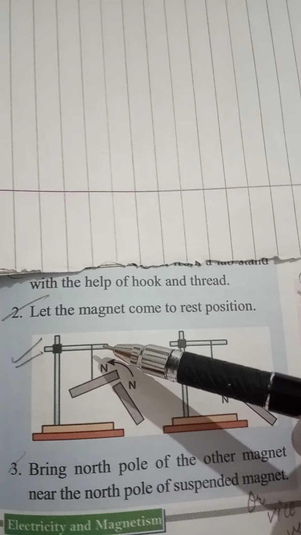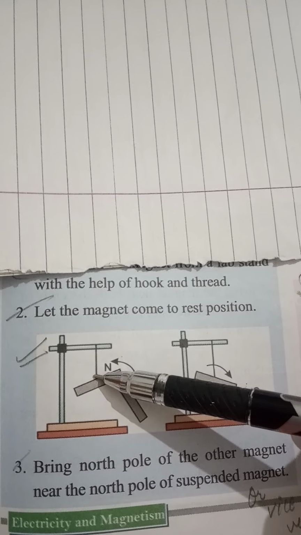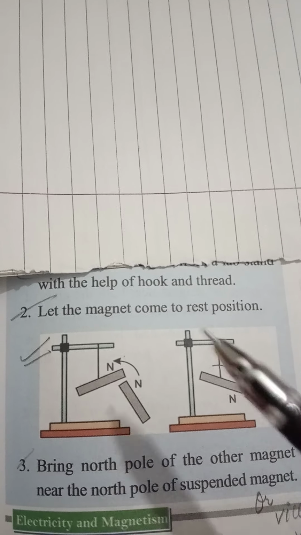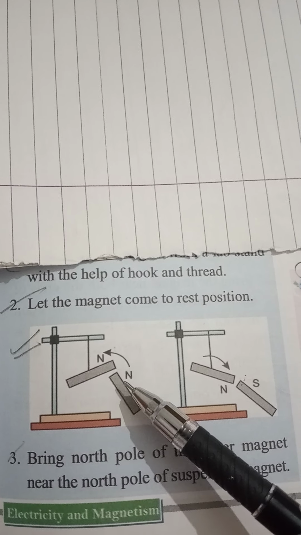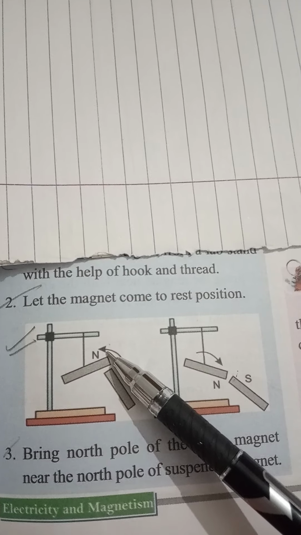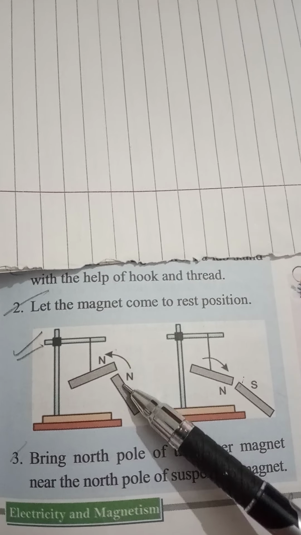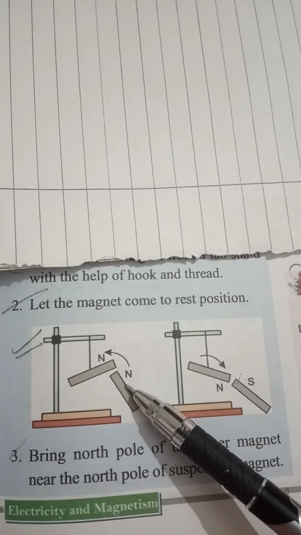First of all, the suspended magnet comes to a rest position, and when I bring the north pole of the other magnet near the north pole of this magnet, because they have similar charge, they repel each other.